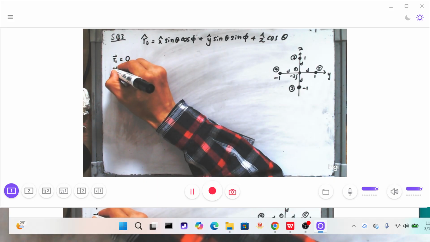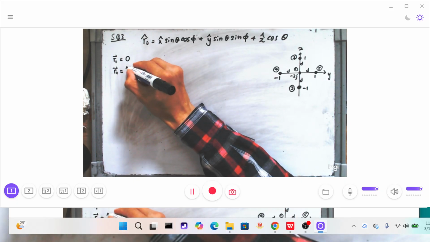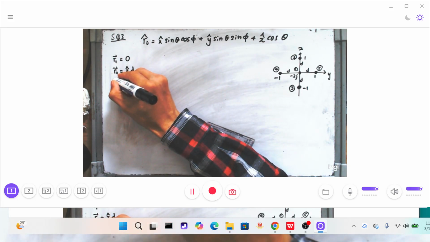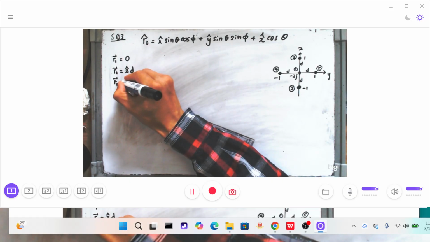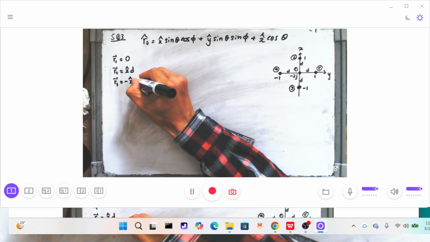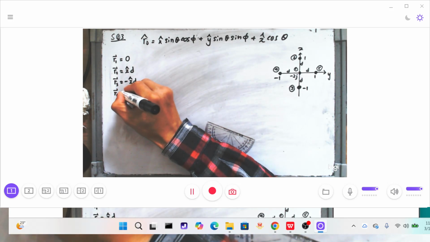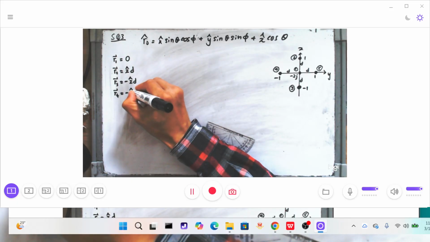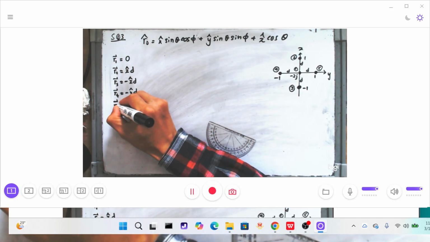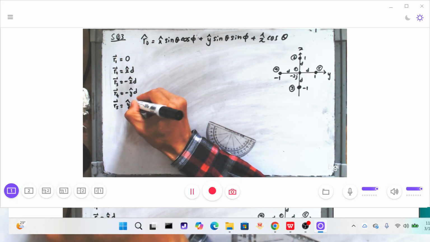And we have r2. r2 is z hat times d. And then we have r3, minus z hat times d. And then we have r4, minus y hat times d. And then r5, y hat times d.